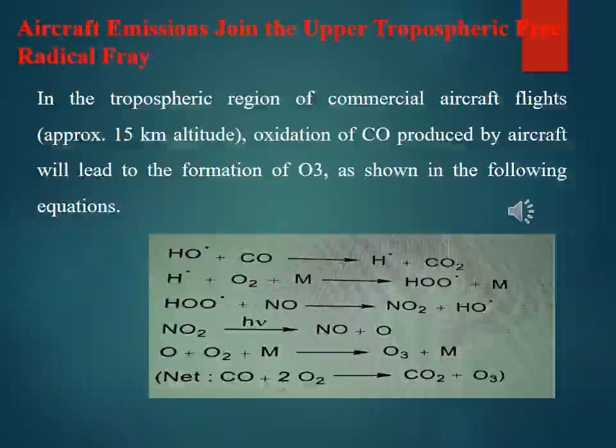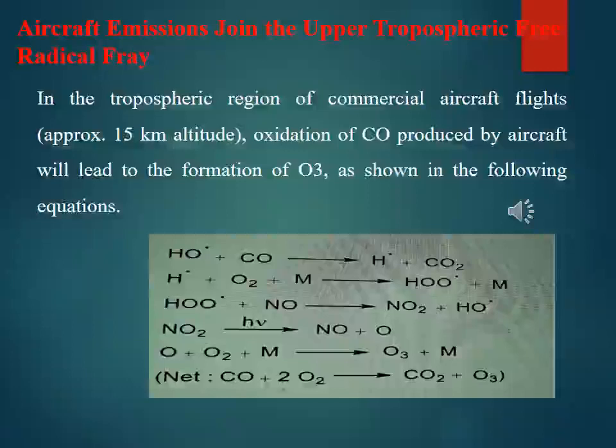HOO radical then reacts with NO, or nitric oxide, to form NO2 and HO hydroxyl radical. Nitrogen dioxide, again in the presence of ultraviolet radiation of wavelength nearly equal to 400 nanometer, is converted into NO plus atomic oxygen.